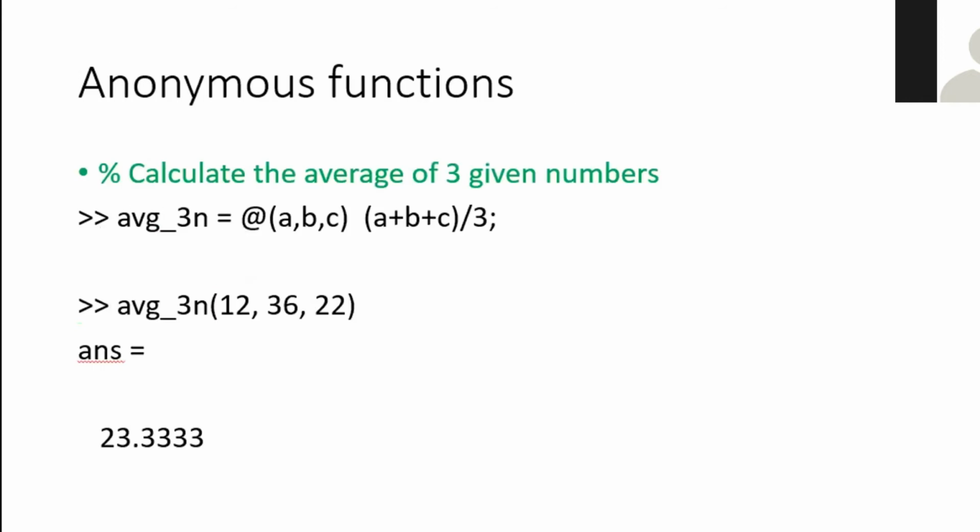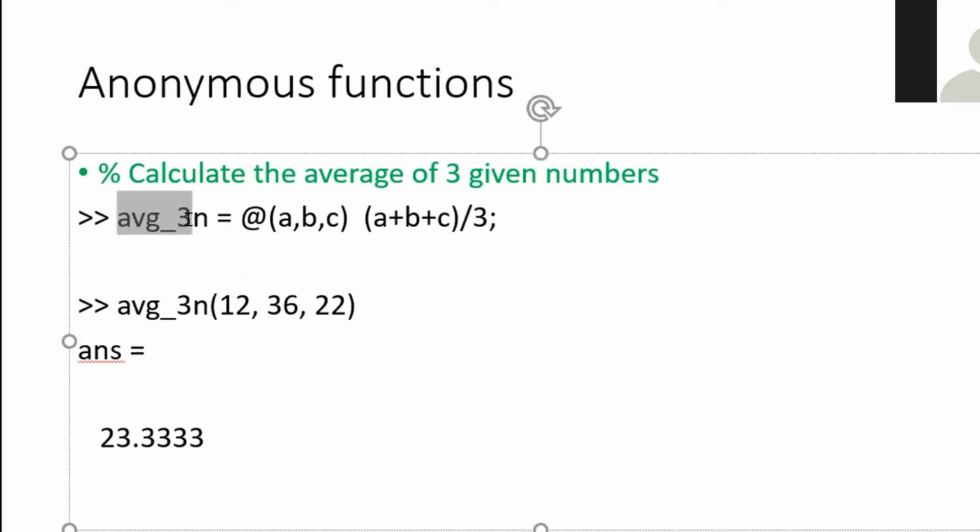So here in this example, we want to write a function that calculates the average of 3 numbers. This function takes 3 arguments, which are the 3 numbers that we want to average. When we write the function, we first start with the name of the function, then we state the arguments, and then we write the actual command.